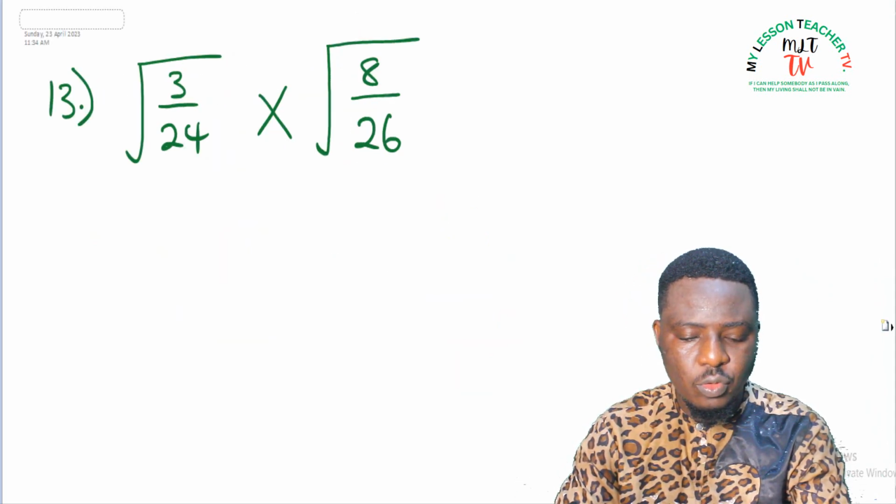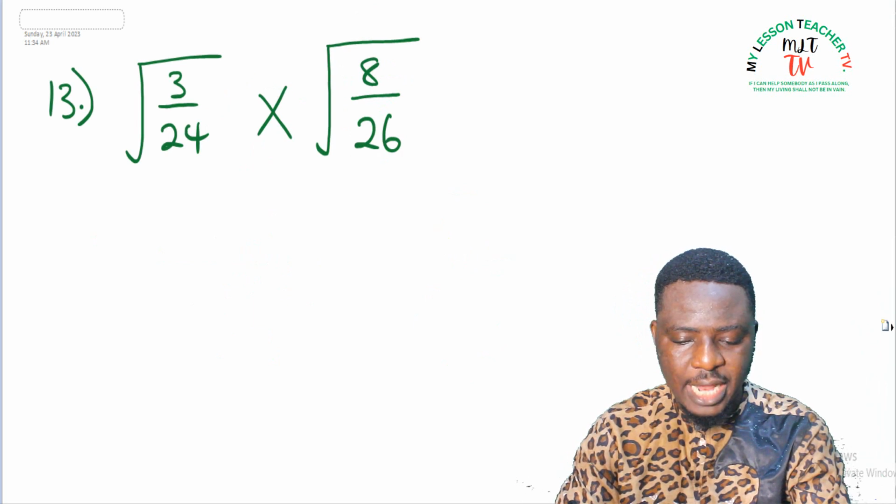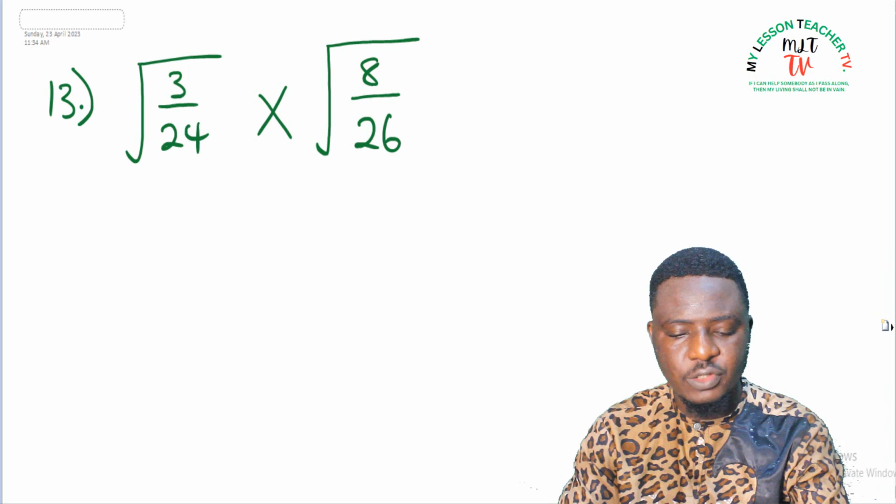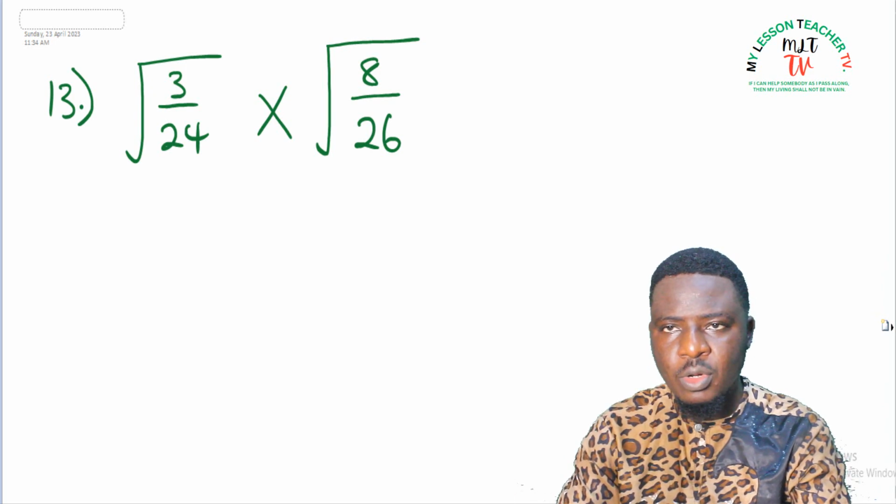Question 13. We have root 3 over 24 times root 8 divided by 26. Okay, we use the rules of surds and go straight ahead to multiply.